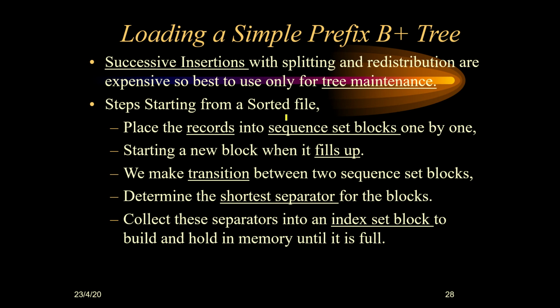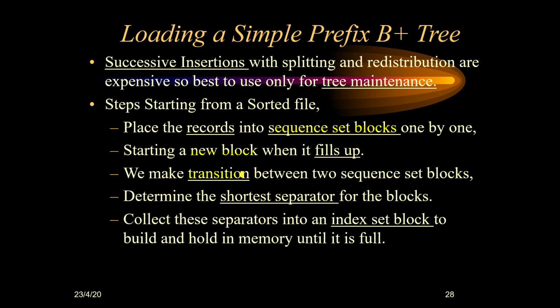So here we introduce the simple prefix B+ tree. How does it work? The first step is to place the records in a sequence set of blocks one by one. Once a block is filled up with records, we move to the next block. That is known as the transition from one block to the next.